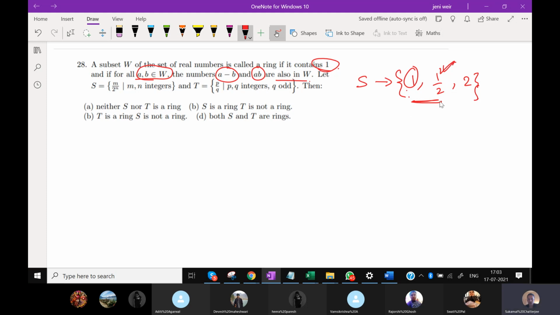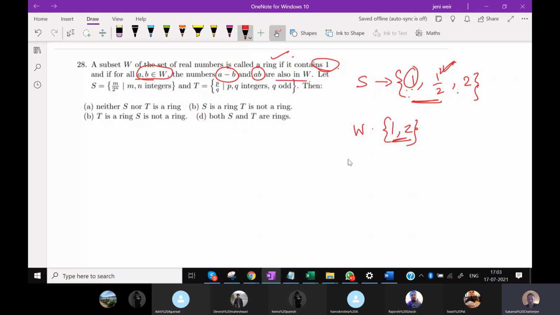If you take 1 and 2, then the difference is 1 and the product is 2. Both are present. So I can pick 1 and 2 as elements of W such that it contains 1, the two elements 1 and 2, their difference which is 1, and their product 2, which means S is a ring.